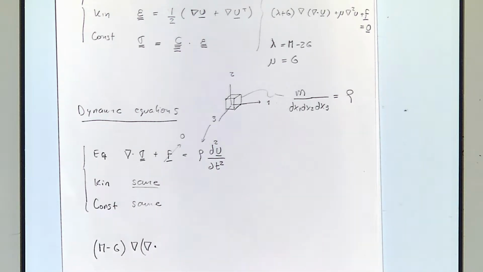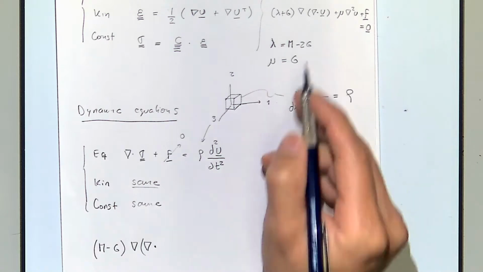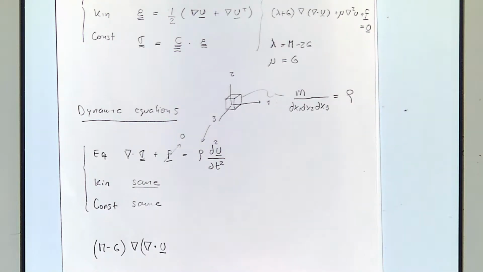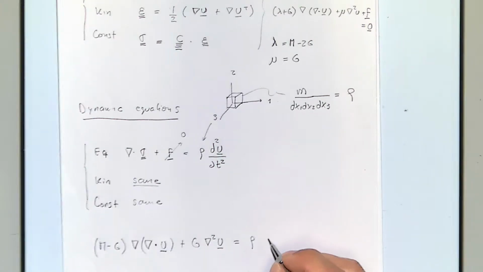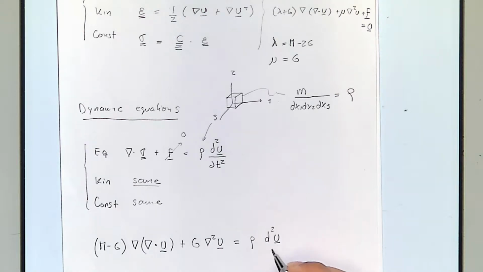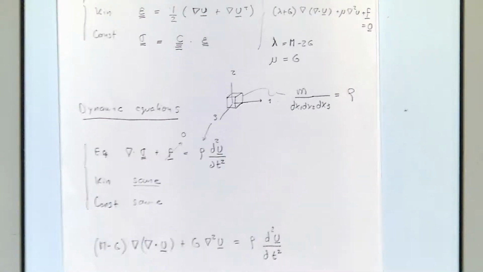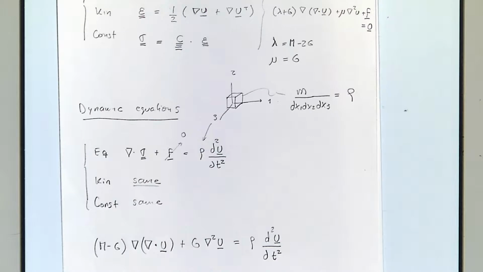So now I have here the divergence of displacement plus g Laplacian of displacement, and now it's not equal to 0 anymore, but I have this term to account for inertia.